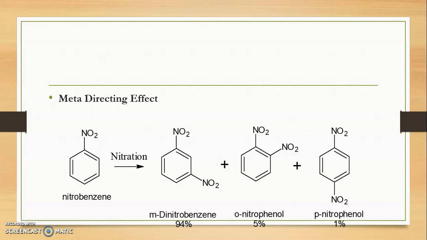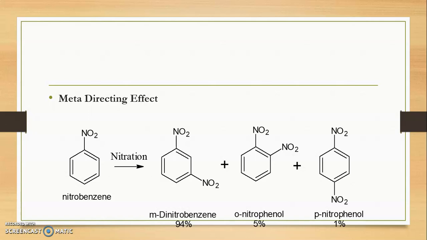We have seen the resonance effect. There are two different types: the electron donating and the electron withdrawing resonance effect. Activators place a negative charge at the ortho and para positions. For example, the hydroxyl group is an activator of the benzene ring.